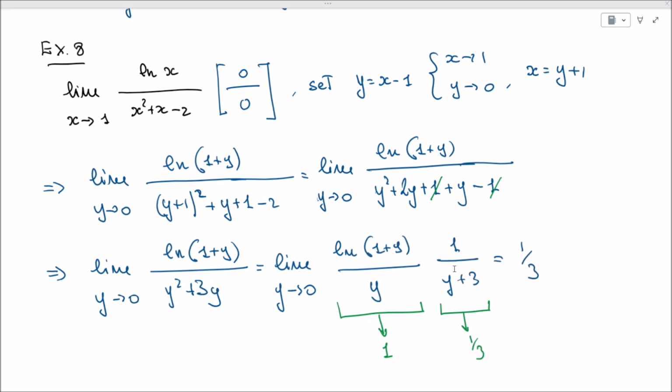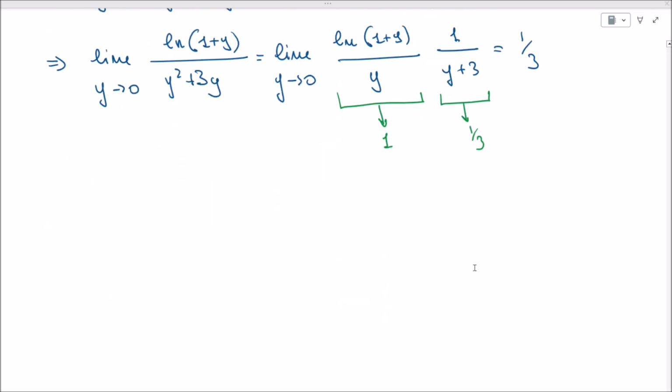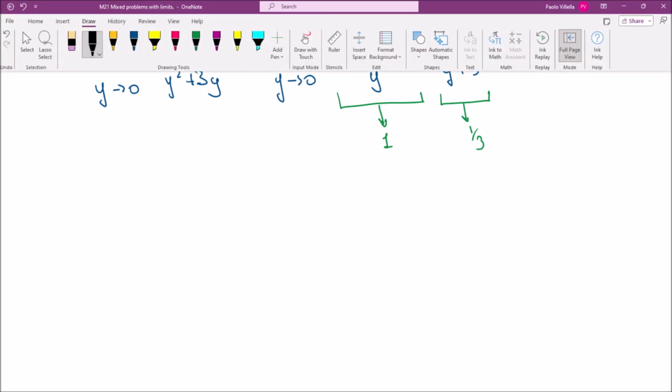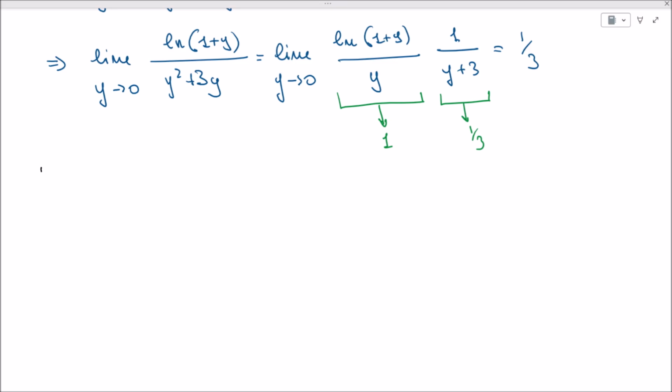Let's give a final example of a limit with the square root. Example 9. We have the limit as x goes to minus infinity of the square root of x squared plus x plus 3, plus x.